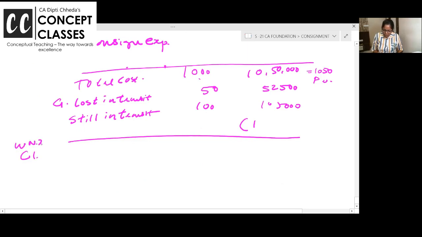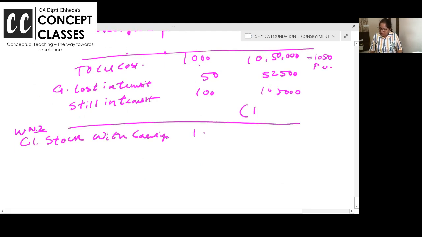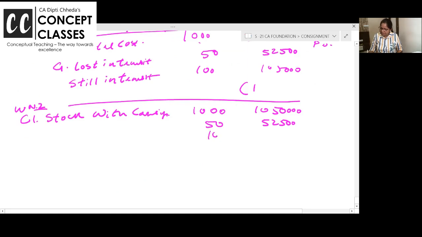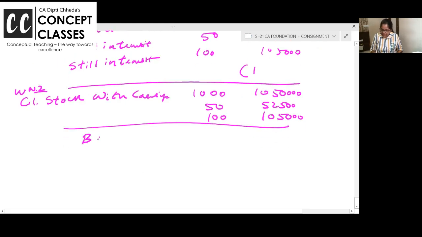Working note 2, closing stock with consignee. 1000 units are sent, I am writing again 10,50,000. 50 are lost in transit. There is no insurance claim. 100 are still in transit. So how much is the balance?